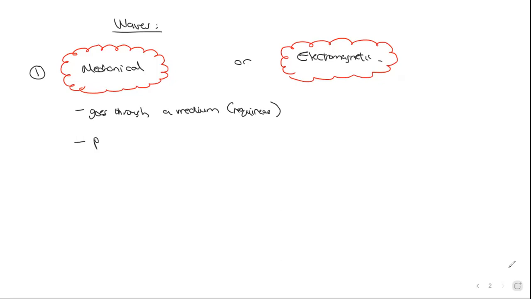So it's the particles in the medium that help the propagation. Whereas for an electromagnetic wave, it doesn't actually need a medium. And the reason for that is because there's no particles that are actually moving. It's actually something called fields.